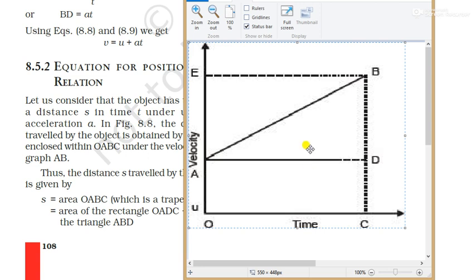By combining these two figures, we can find the area of the trapezium. We know that the formula of area of triangle is half into base into height. Here AD is a base, BD is a height. Similarly, ADCO is a rectangle, and area of rectangle has a formula breadth into length.